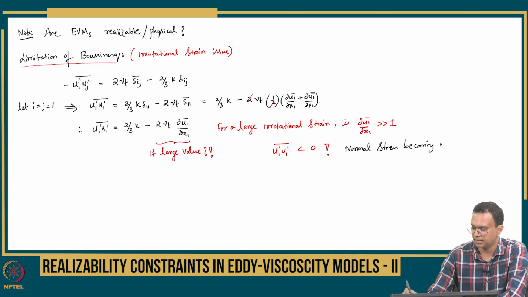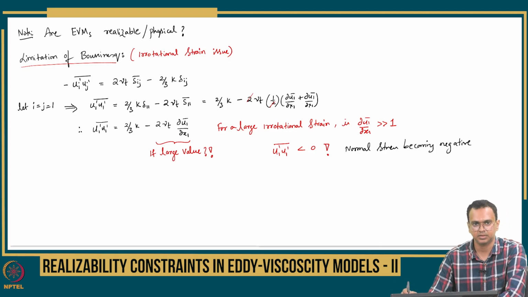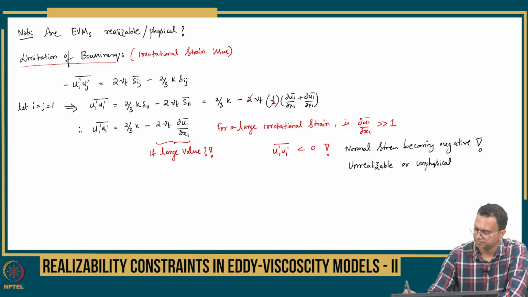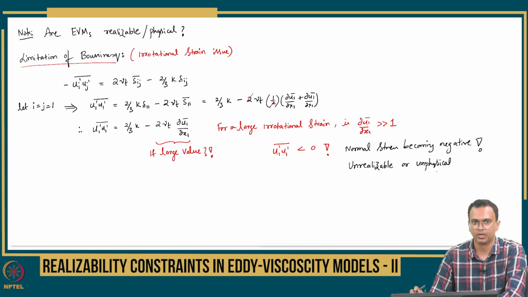Normal stress becoming negative according to Boussinesq, in a given flow where such a thing can exist, where you have a large irrotational strain, and therefore this is unrealizable or unphysical, right? So by default the model can give a wrong result.